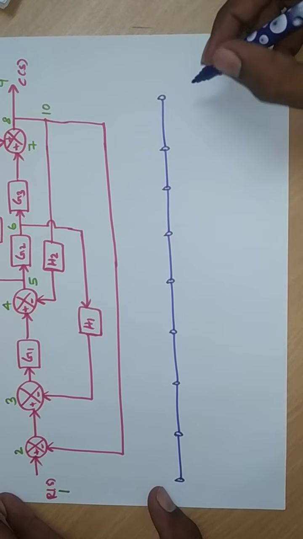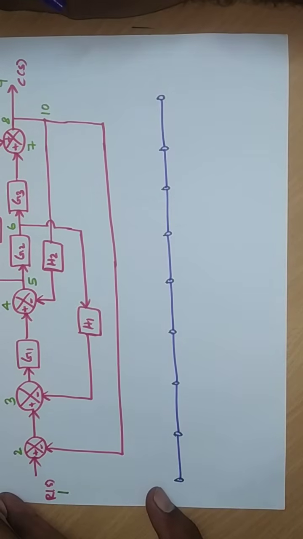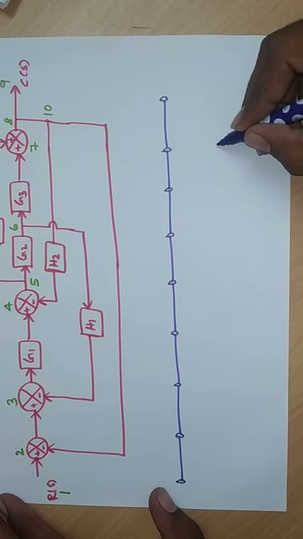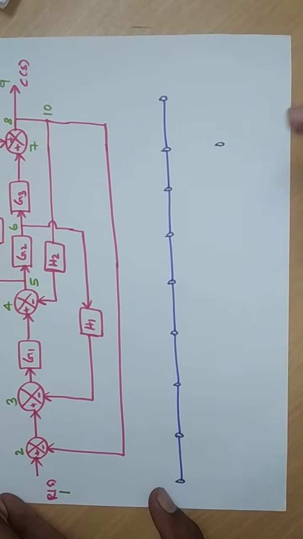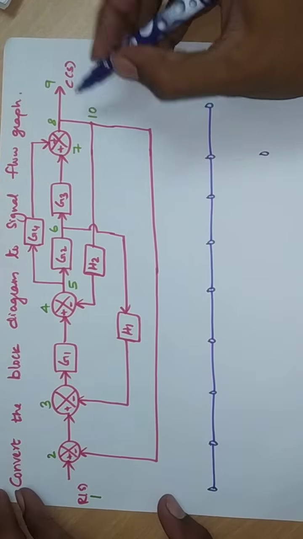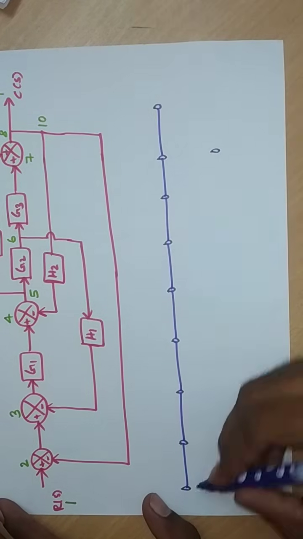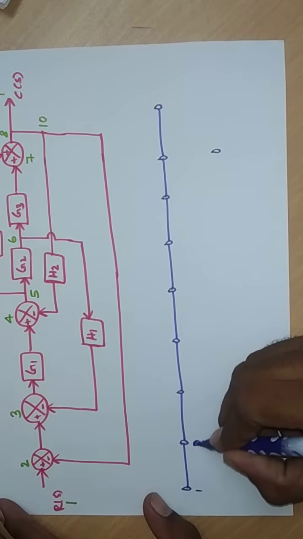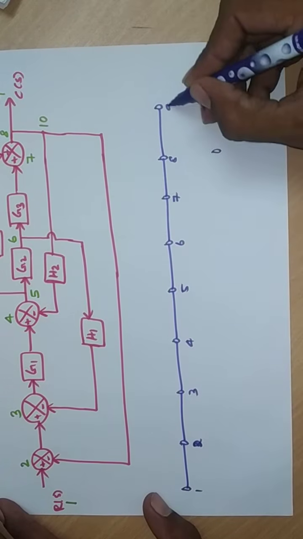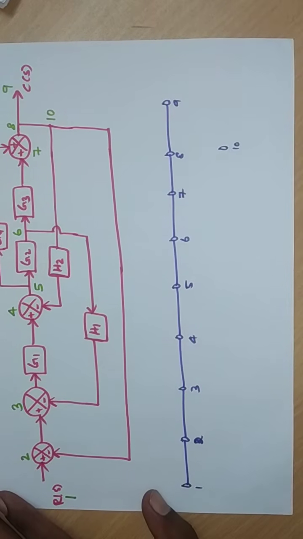To make the signal flow graph clearer, I suggest you draw the 10th node as it appears in the block diagram. The block diagram has the 10th node beneath the 8th node. Likewise you need to draw the nodes, and then you will not get any confusion.